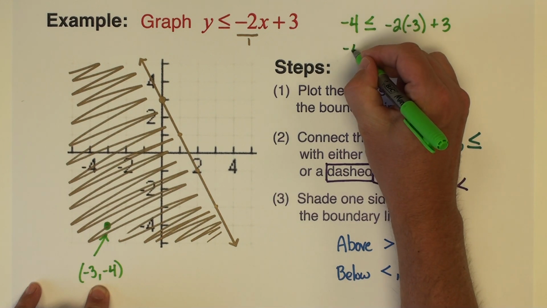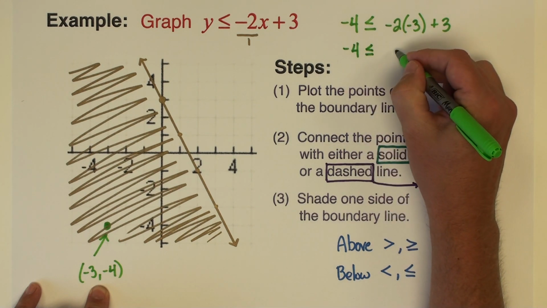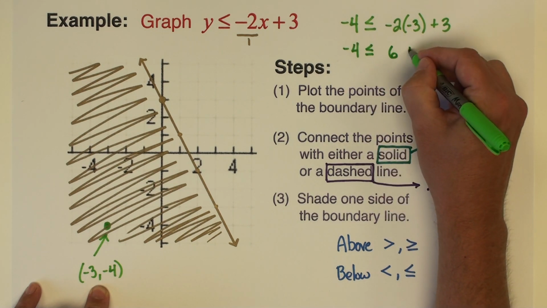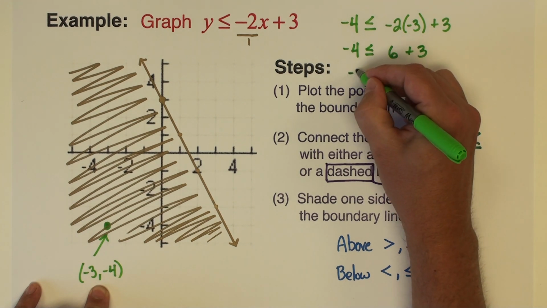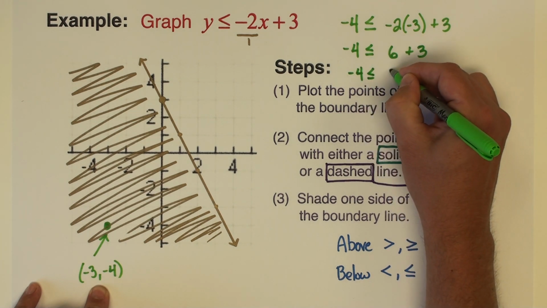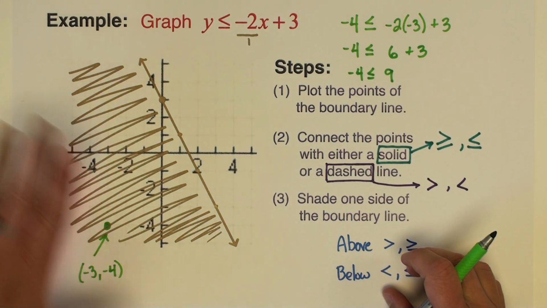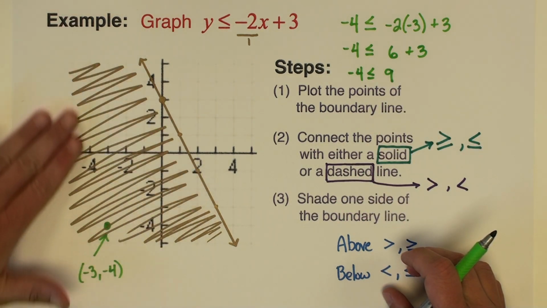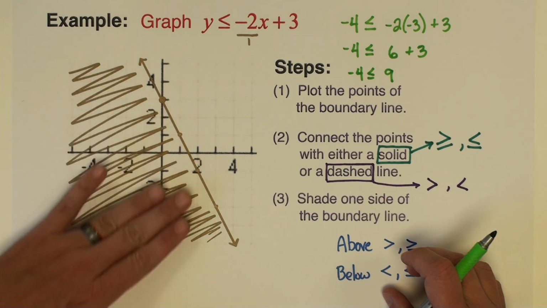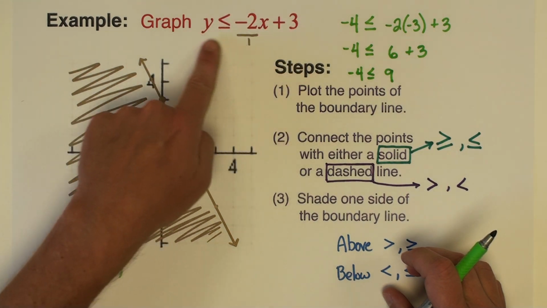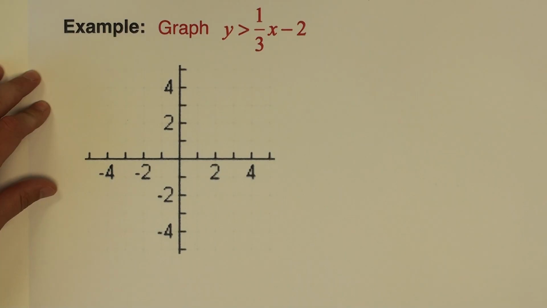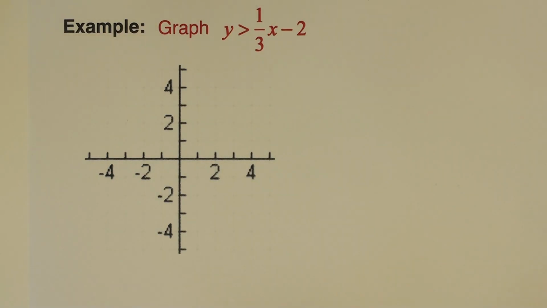I'd have negative 4 is less than or equal to 6 plus 3, which is negative 4 less than or equal to 9, and yes, that's a true statement. So any point that lives down here where it's shaded is going to be a solution to this inequality.